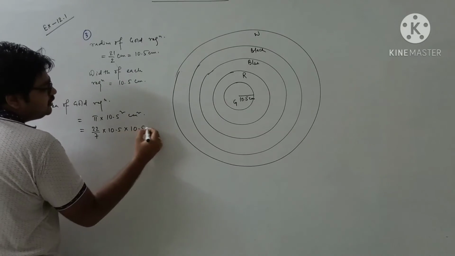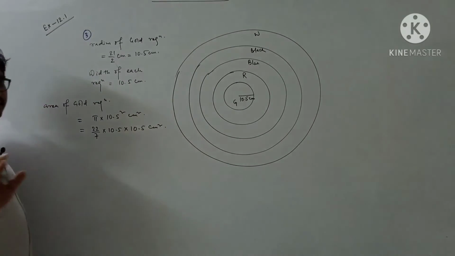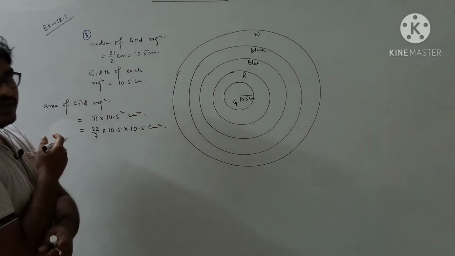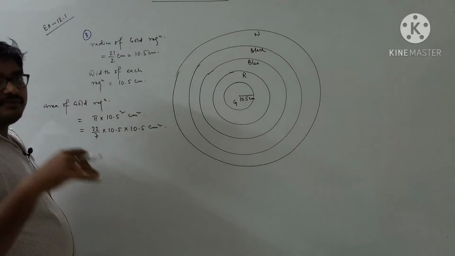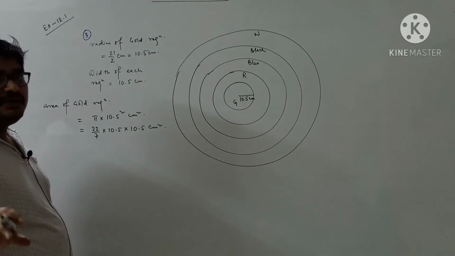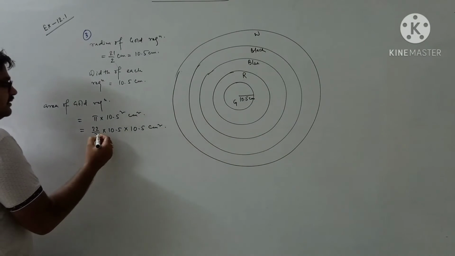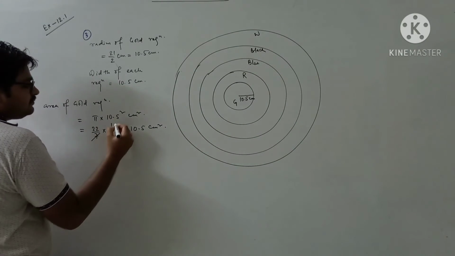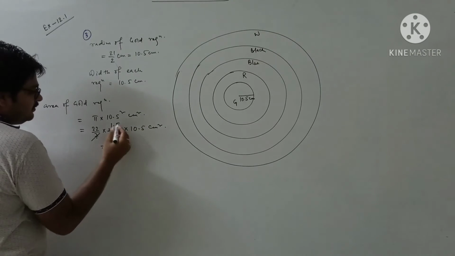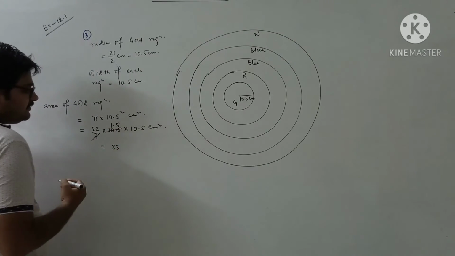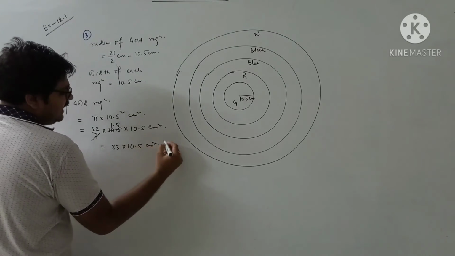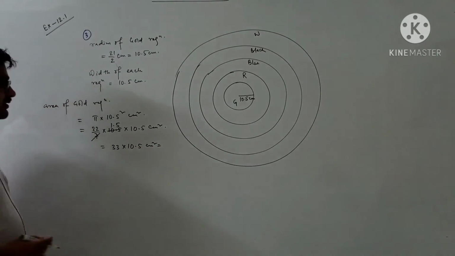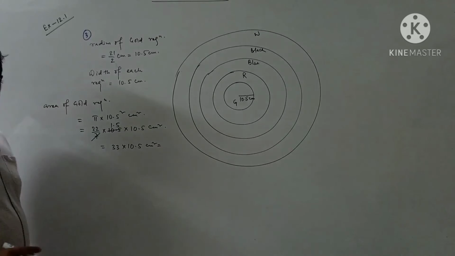I will avoid most of the calculation here, otherwise in the class we cannot complete all the sums. You pause the video, complete it yourself, then go for the next one. 7 will cancel, so it will be 33 into 10.5. After that, you can do the calculation yourself. So you can find out the area of the gold region like that.